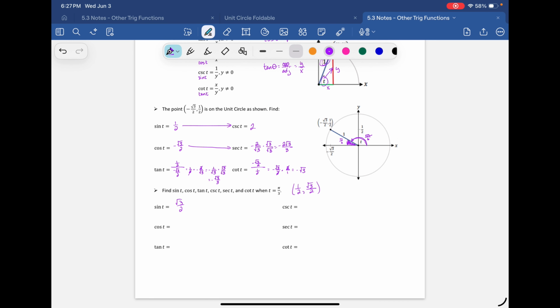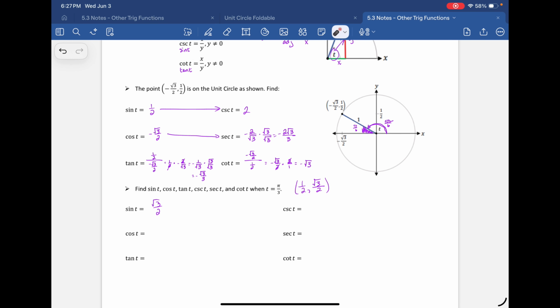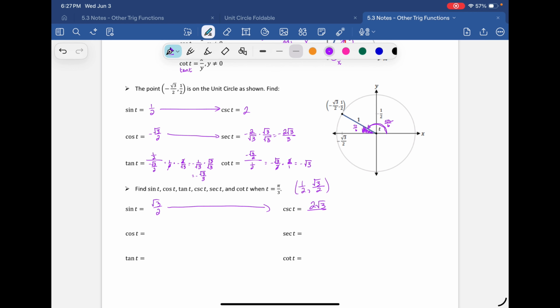So I want you to notice something. The sine of our pi over 3 is the cosine of our pi over 6. That's because 30 and 60 degrees together make 90 degrees. They're complementary. So I can use that reciprocal for cosecant as well. So the reciprocal of root 3 over 2 is 2 root 3 over 3.